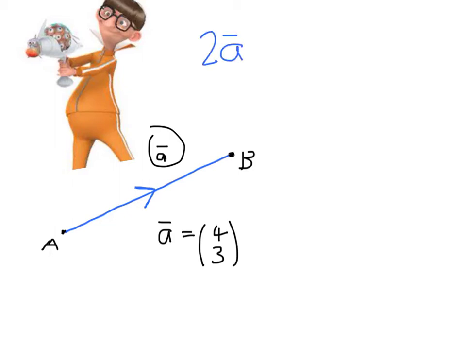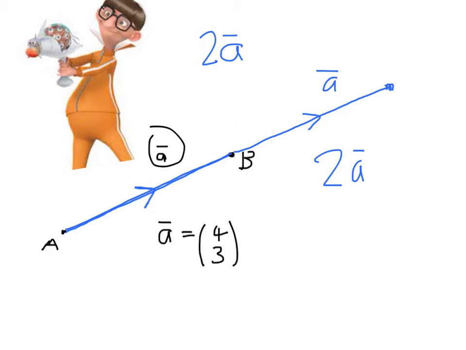If I said I want 2 lots of A, what I'd need to do is double AB, or A hat. So we've got A here, and we can have A again. And what we're left with, this whole vector now, not just the first bit, but the whole vector, because we've got 2 lots of A there, that's 2A hat.